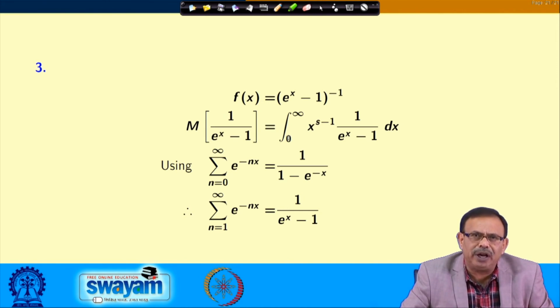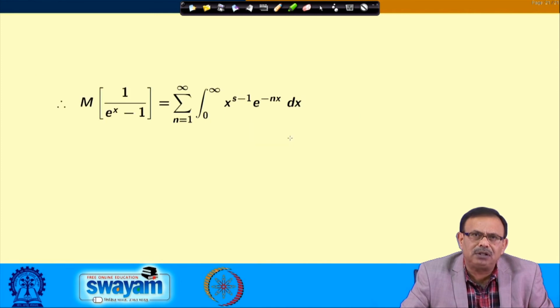So, summation n equals 1 to infinity e power minus n x is equal to 1 by e power x minus 1, simply by adding 1 on this side and subtracting. So, 1 by e power x minus 1 is summation n equals 1 to infinity e power minus n x, and I can replace 1 by e power x minus 1 by this series.